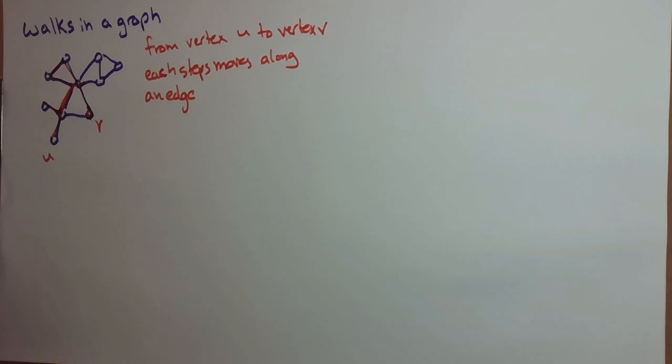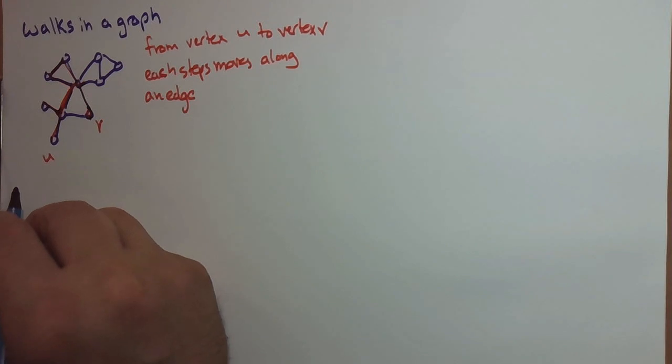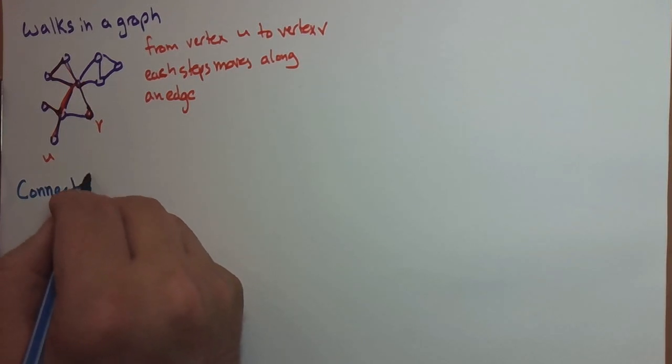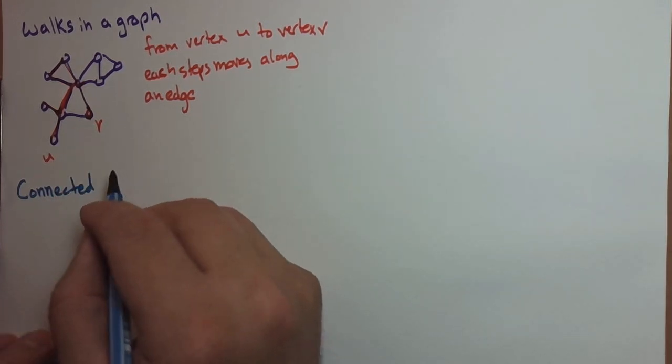Sometimes people also talk about taking a path in a graph, but oftentimes walks are sufficient. Okay, when is a graph connected? Everywhere from anywhere. Right.